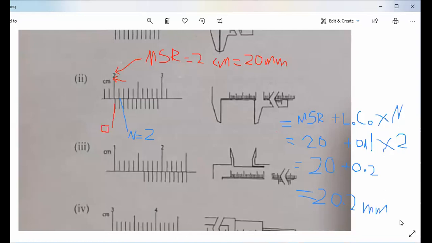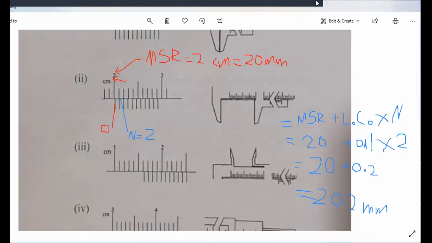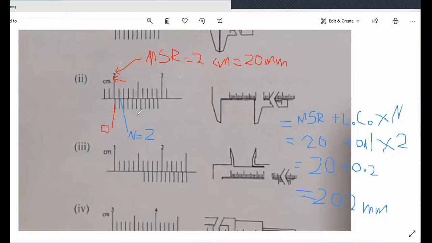So leave a line and write: therefore, the correct outer diameter equals, look at the board, reading is 20.2.